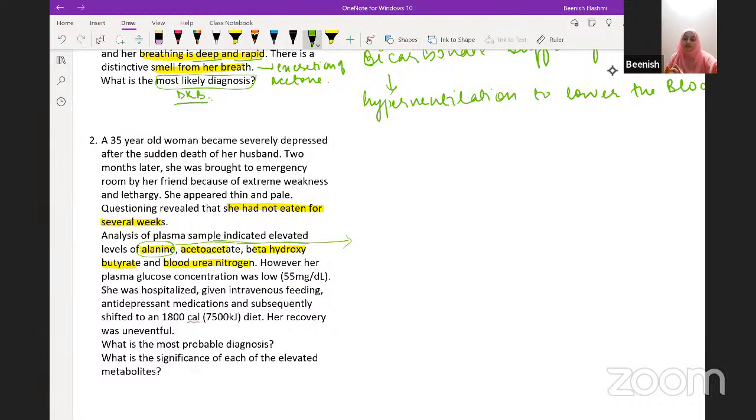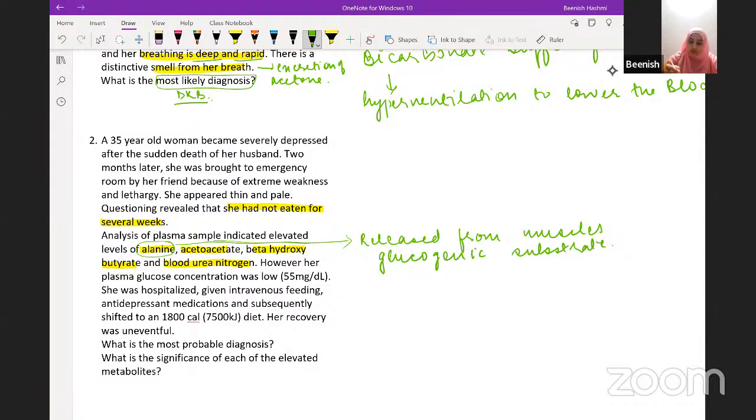It is released from the muscles because it is an important glucogenic substrate. So that explains the elevated alanine levels.